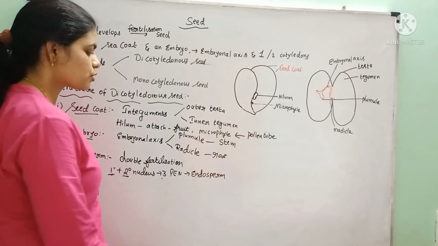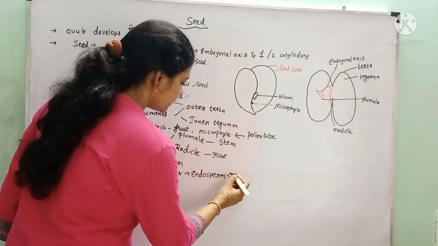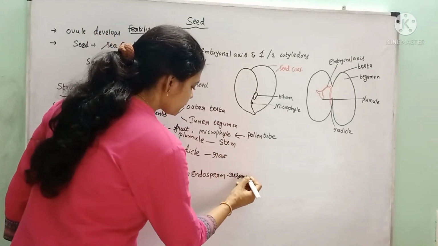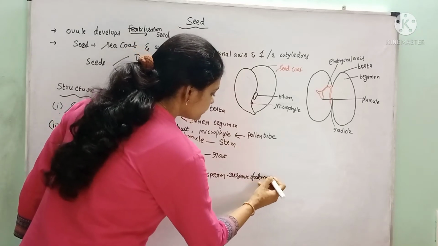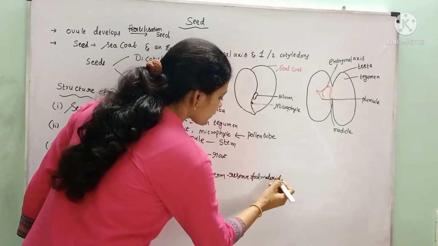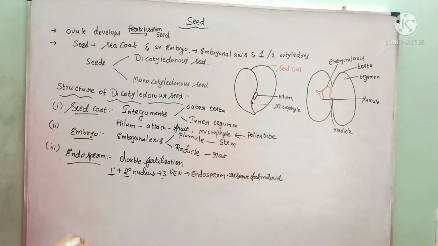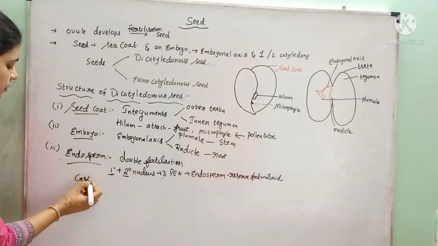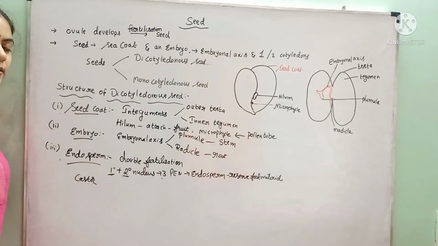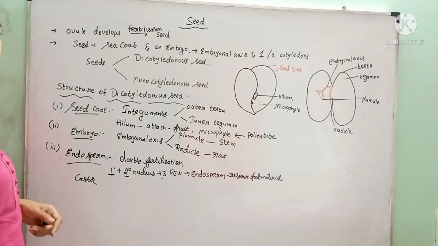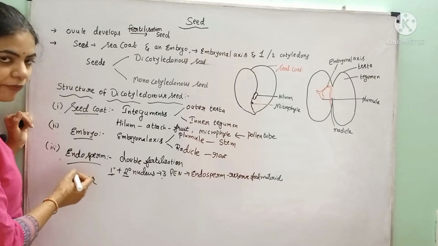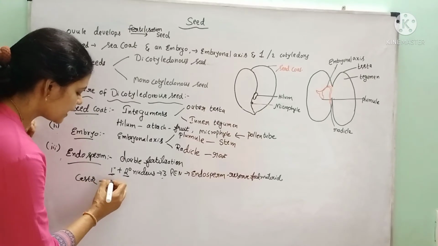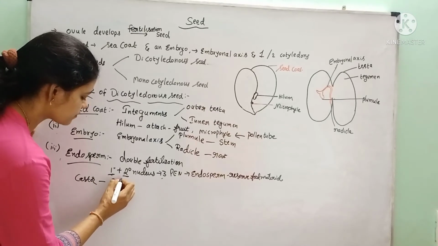This endosperm stores the reserve food material. What is its function? It stores the reserve food material. In some seeds, such as oil seeds like castor, the endosperm stores the food material, and seeds having this endosperm are called endospermic seeds.